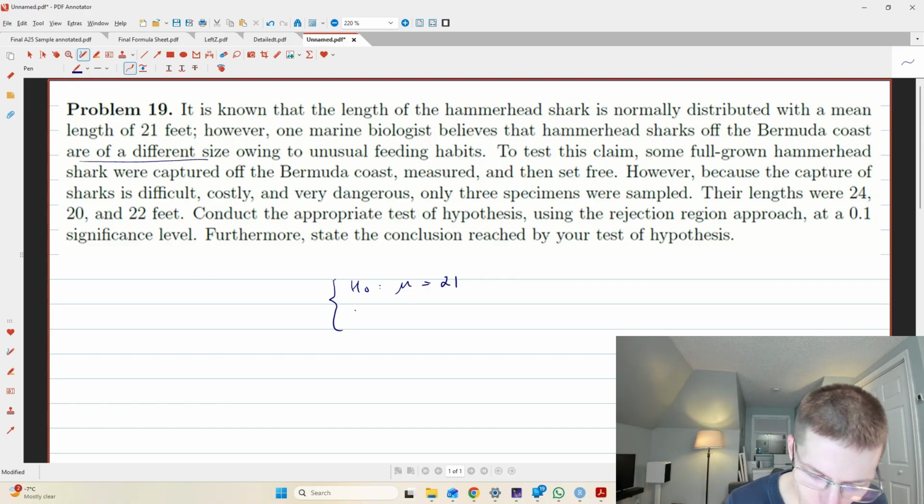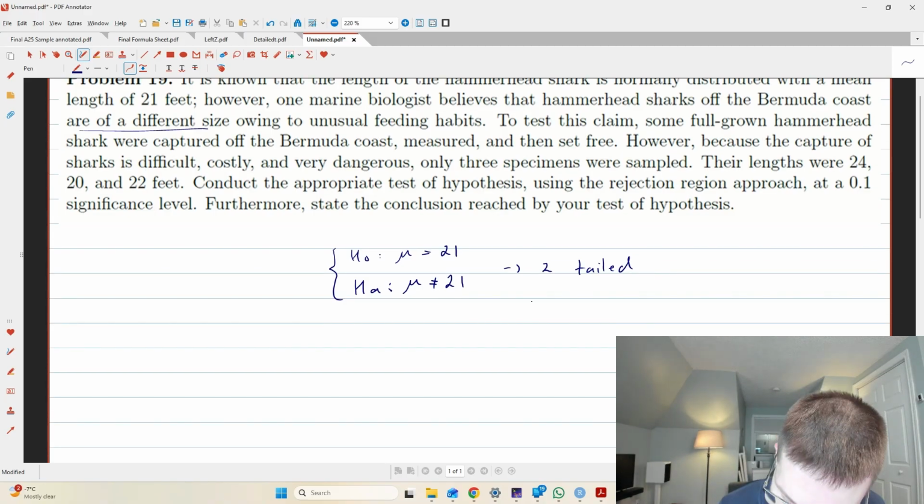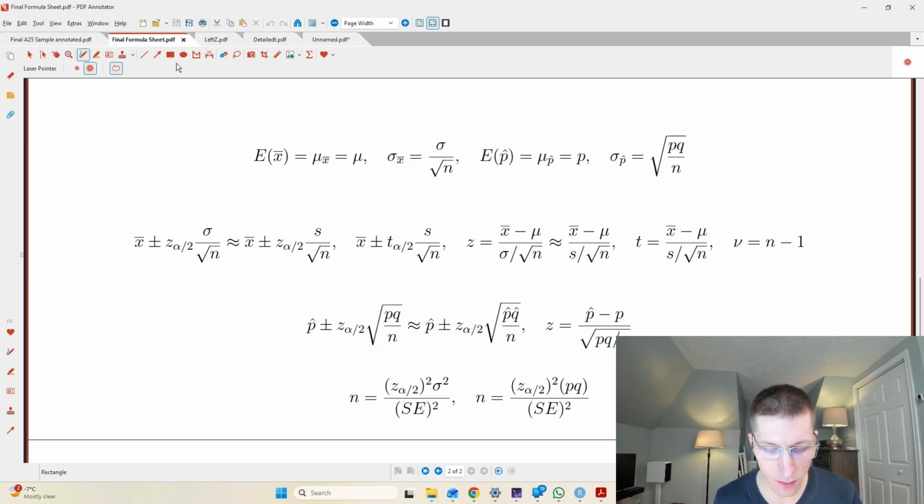So that should tell you that the alternative hypothesis is just not equals. So it's a two-tailed test. Also, we've got n equal 3, which is way less than 30, and so we have to use the t-statistic.